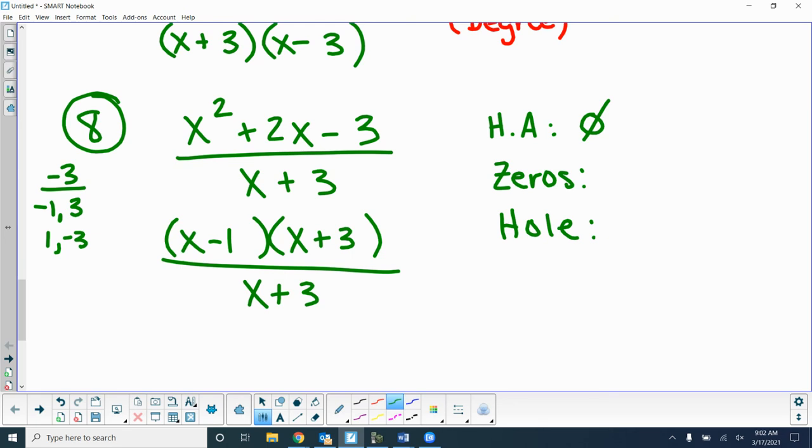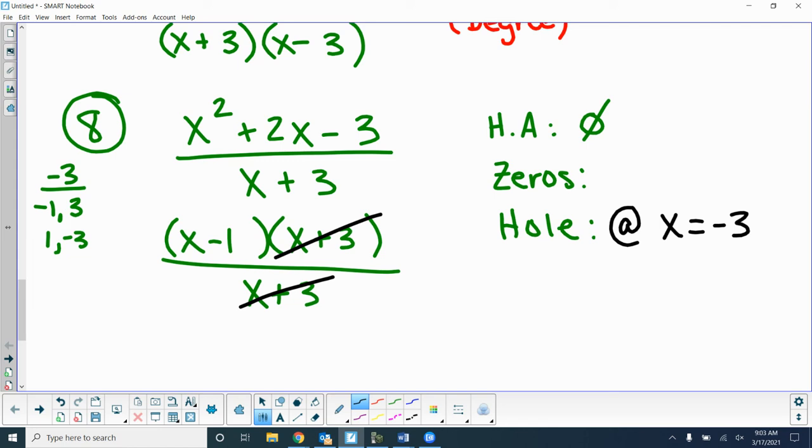Yes. Why? The x plus 3 cancels. Yeah, because of the cancellation of the x plus 3. So what number makes that a 0? For the hole, -3, right? So the hole's when x equals -3. All right?